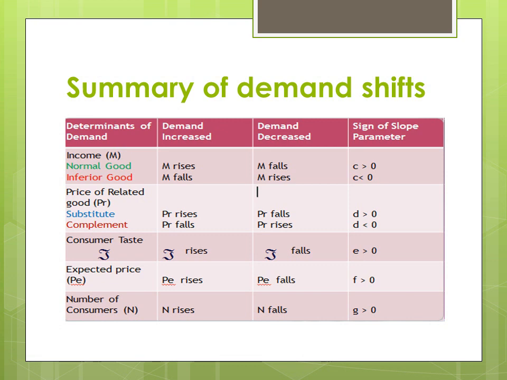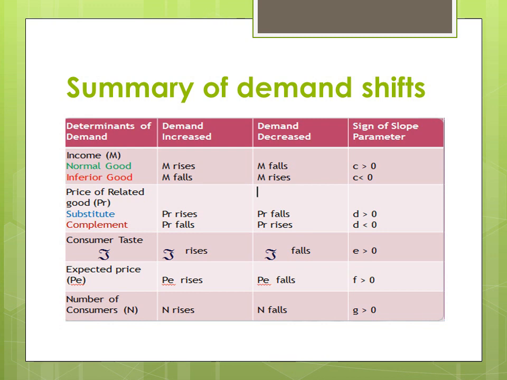The relation of expected price and demand is also direct. When expected price rises, demand will increase, and when expected price falls, demand decreases. So the relationship is positive, and F, the slope of the parameter, is greater than 0.